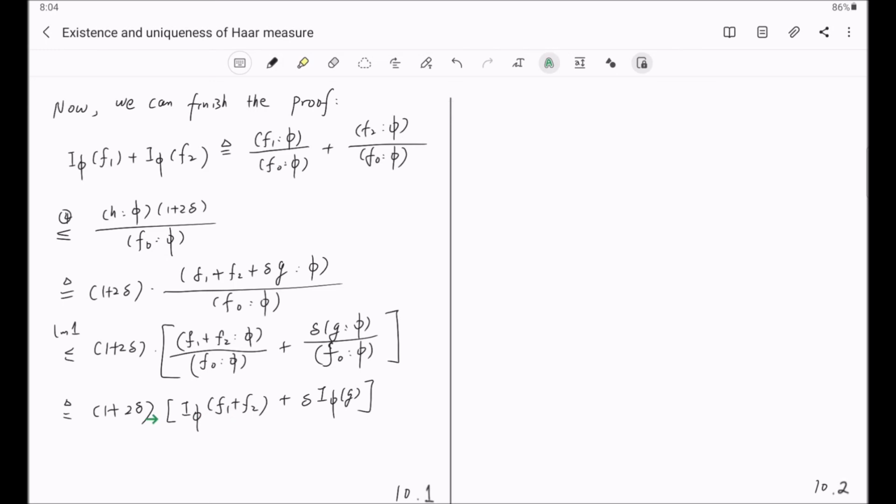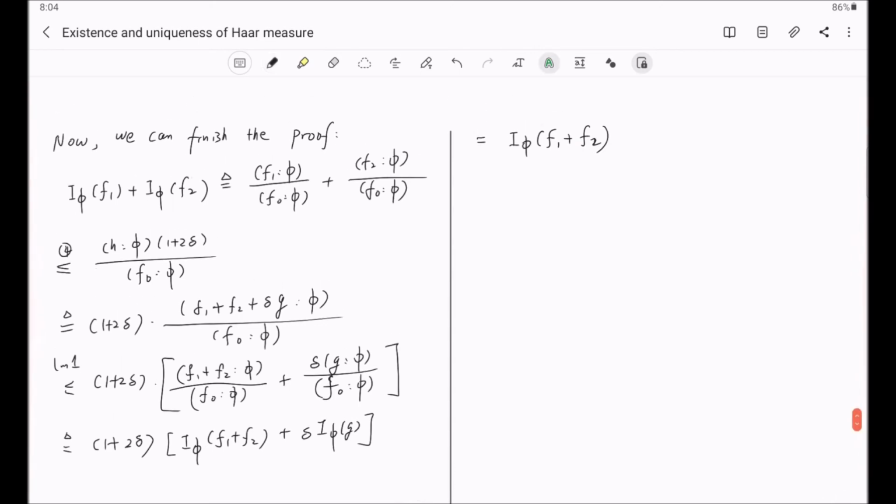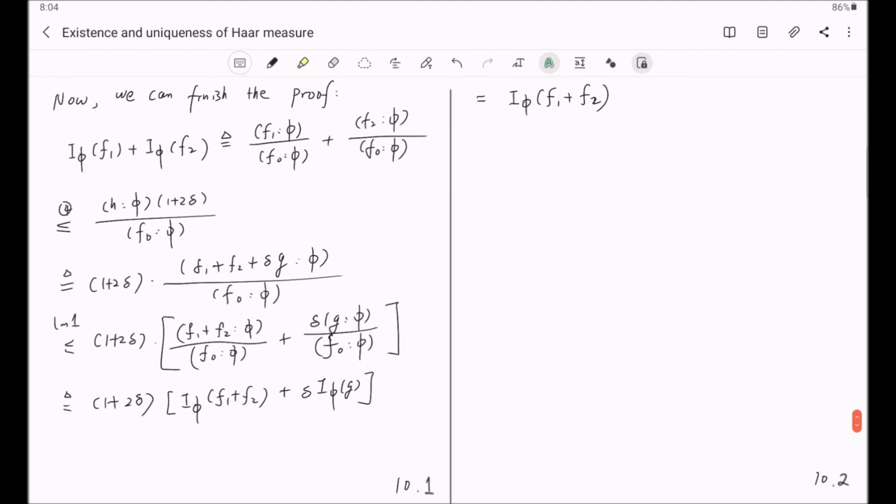And we will recombine those terms here into two groups. First, we need to single out I sub phi of f1 plus f2, because later we want to compare this with this. We want to compare them.